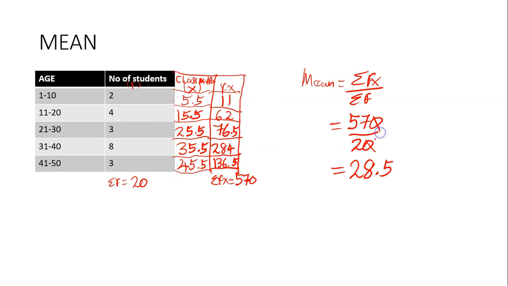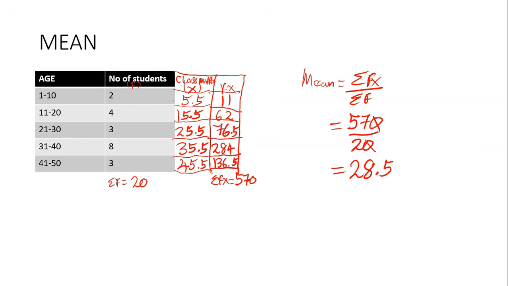This 0 can take away the 0. 57 divided by 2, you can say 50 divided by 2 is 25. 7 divided by 2 is 3.5. Add the 3.5 to 25, that's 28.5. Okay, so the mean is 28.5.